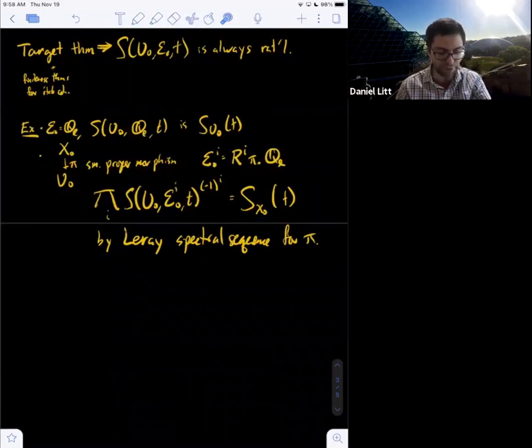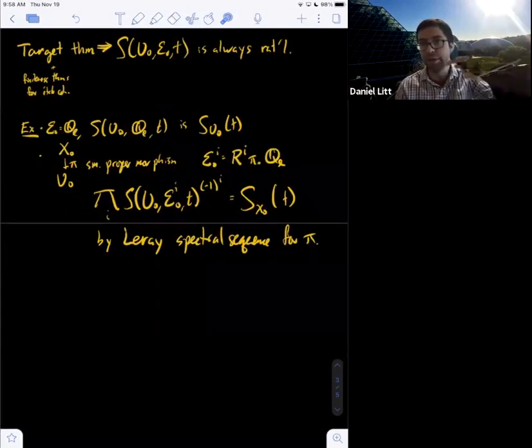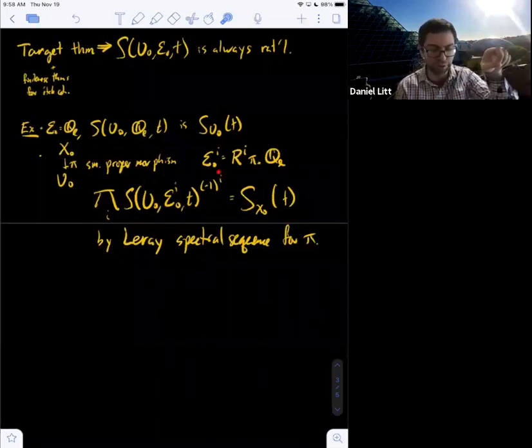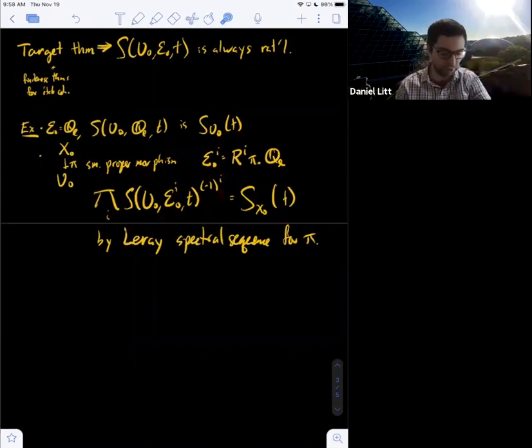The point is that if you only care about characteristic polynomials of Frobenius, the differentials won't matter, since the differentials are Frobenius equivariant. Anything that gets killed by the differentials in that spectral sequence will already cancel out when you take this alternating product. So somehow the zeta function of what you get at the E2 page of the spectral sequence is the same as the zeta function at the E infinity page.